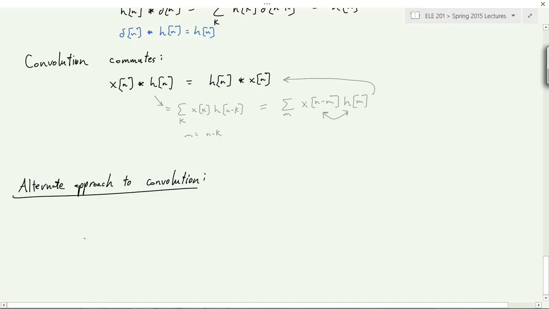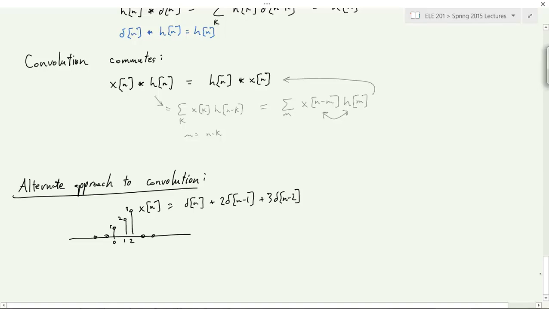We had x of n equal to 1, 2, 3, and then zeros. That was the signal we convolved in our example. But we're going to represent this now as delta of n plus 2 delta of n minus 1 plus 3 delta of n minus 2.